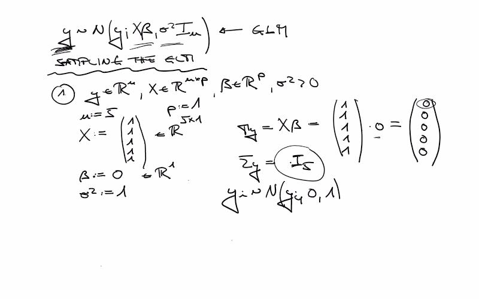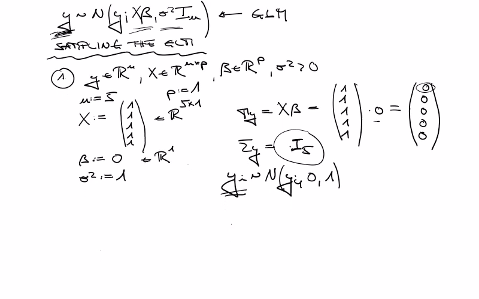So the distribution of each of these yi in our 5-dimensional vector is a univariate Gaussian with expectation 0 and variance 1, because we defined the variance parameter to be 1 and the beta parameter as 0.